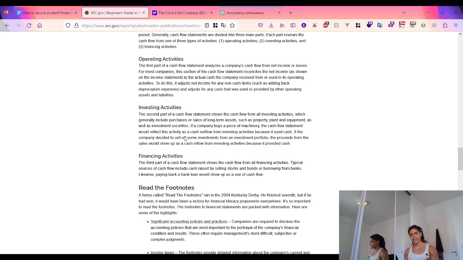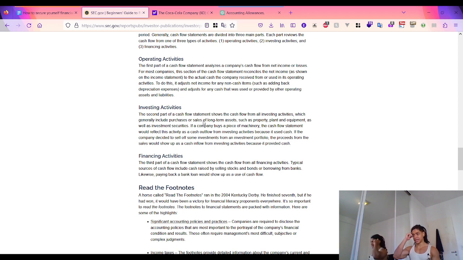If the company decides to sell off some investment in their investment portfolio, the proceeds from sales will show up as cash inflow from investing activities because it provides cash. And financing activity shows cash flow from all financing activities.